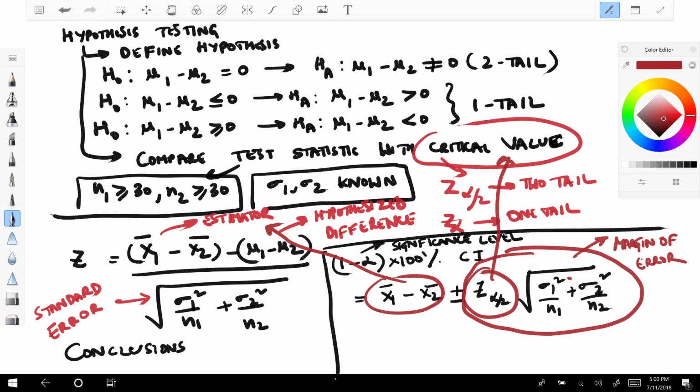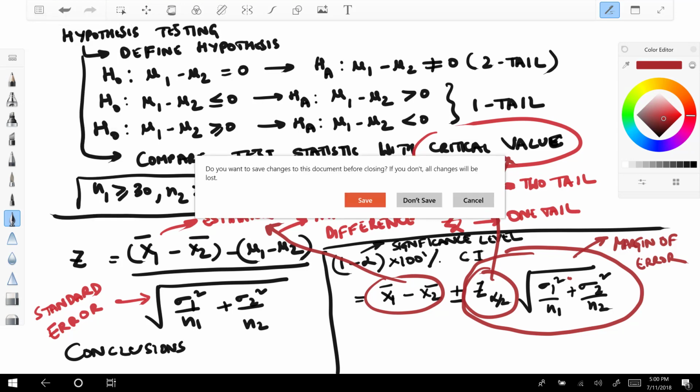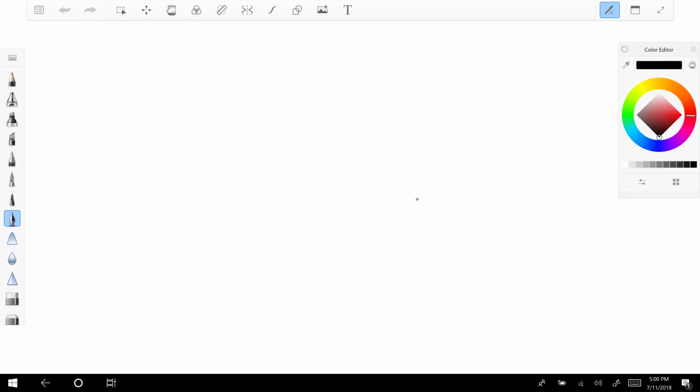So now that we know the concept of hypothesis testing and confidence interval, we will try to solve some problems by using z-stat. Suppose I am interested in comparing the ticket time for McDonald's and Taco Bell.